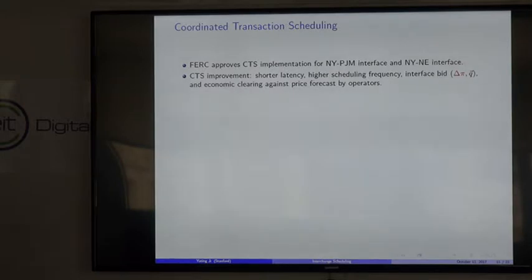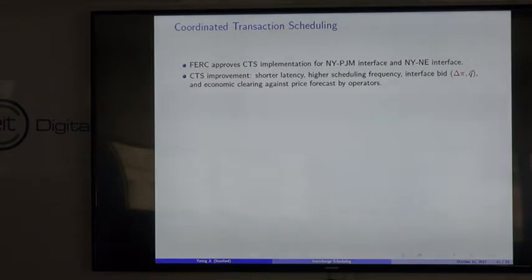For this new mechanism, there are a few improvements. One is a shorter latency. As I described earlier, the interchange has to be scheduled ahead of time for the physical delivery. For the previous mechanism, it's scheduled 1.5 hours before the physical delivery, but for this one, the latency is reduced to 1 hour. And there is a higher scheduling frequency: you can update your interchange every 15 minutes, but before, they could only do it every hour.